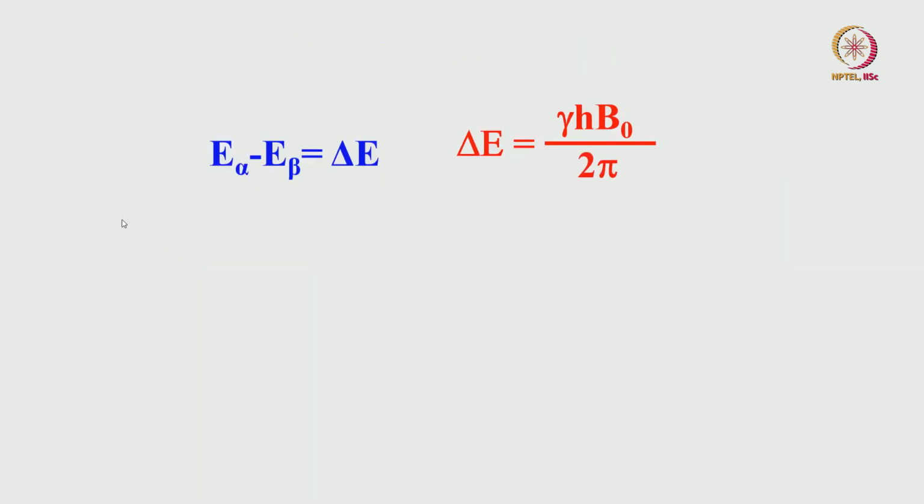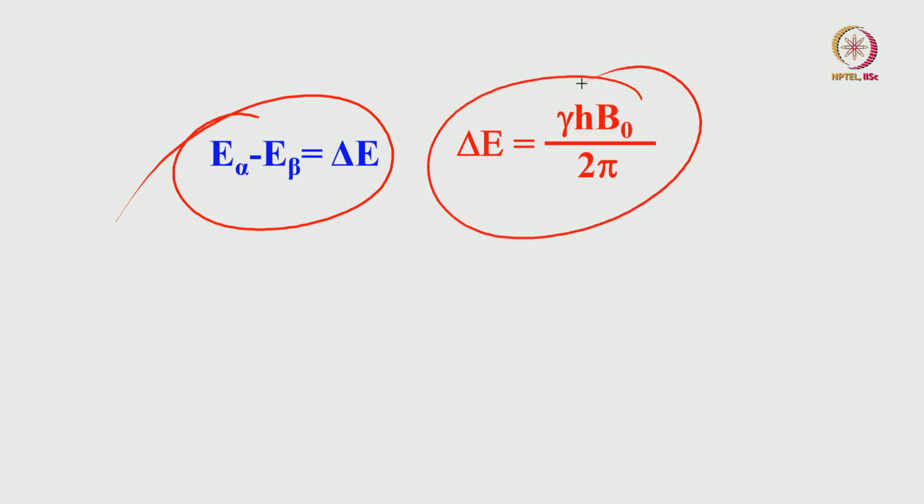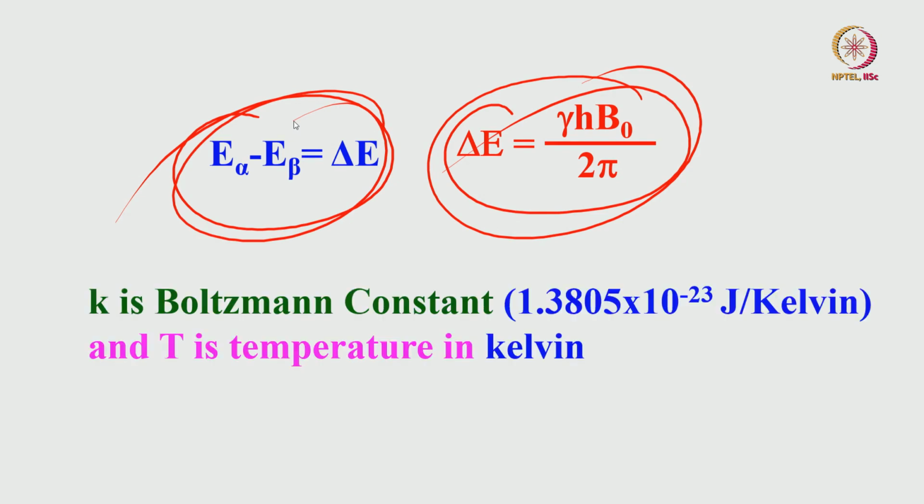Now we can calculate E alpha minus E beta, which is nothing but delta E, and I know delta E is equal to h times gamma B naught over 2 pi, which is equal to h nu. That is the resonance condition. Because nu is related to delta E, I know what delta E is.